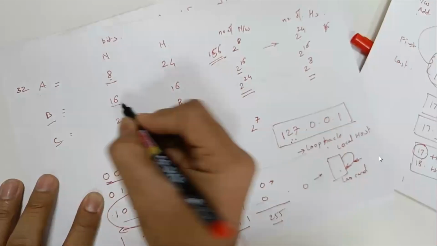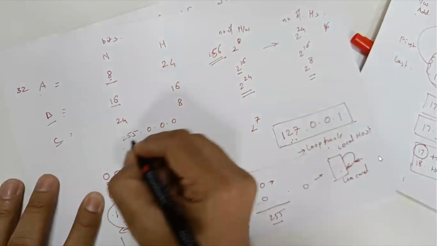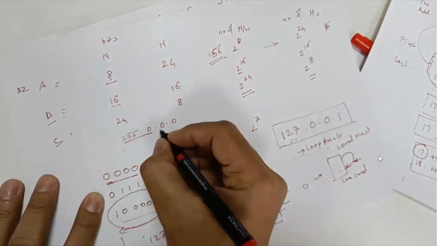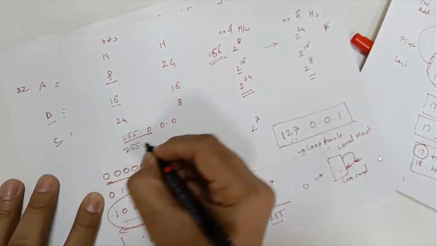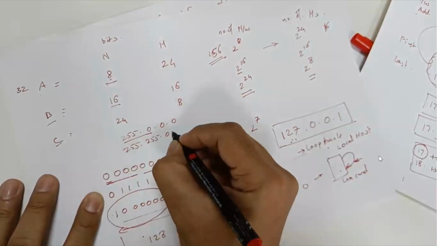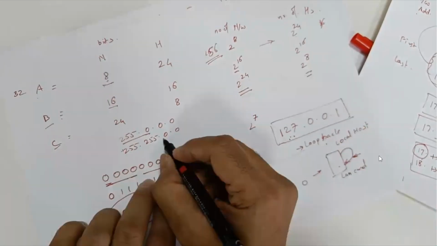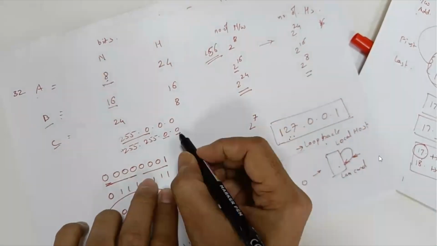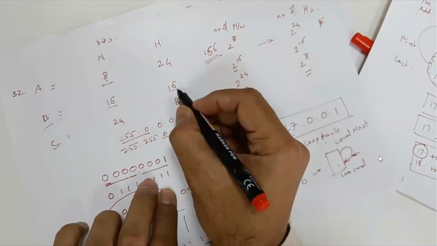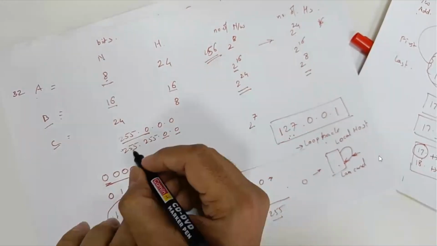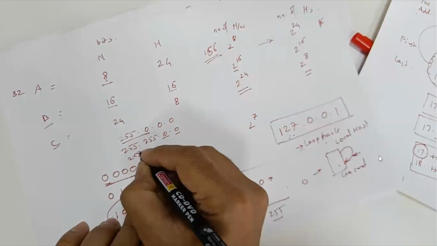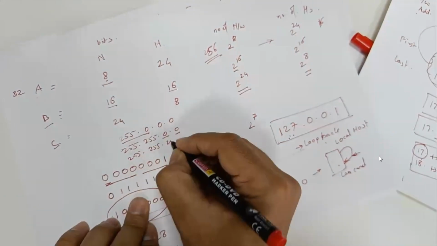For class B, first two octets, 255.255.0.0, because these two are host octets in class B. For class C, 255.255.255.0.